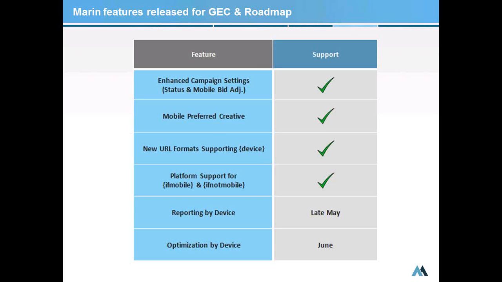The way it works is if you have a part of your URL, for example, www for your desktop and tablet landing page, and m dot for your mobile landing page, you can say if mobile, m dot, and then if not mobile, www dot, and then continue with your landing page, example.com/page. We have support for if mobile and if not mobile, so you can use it in the application today.